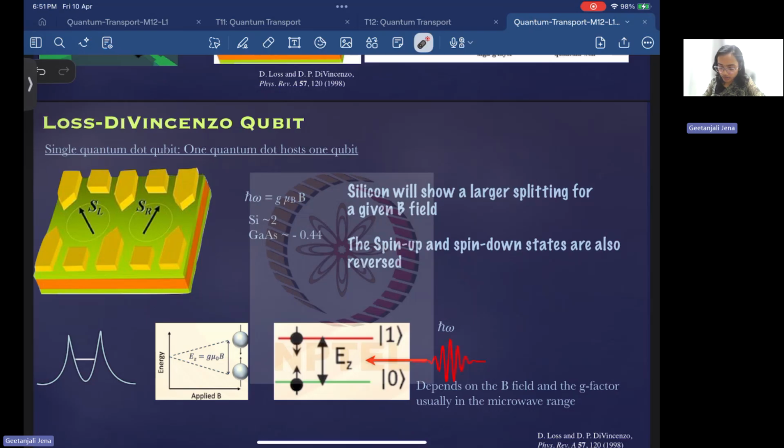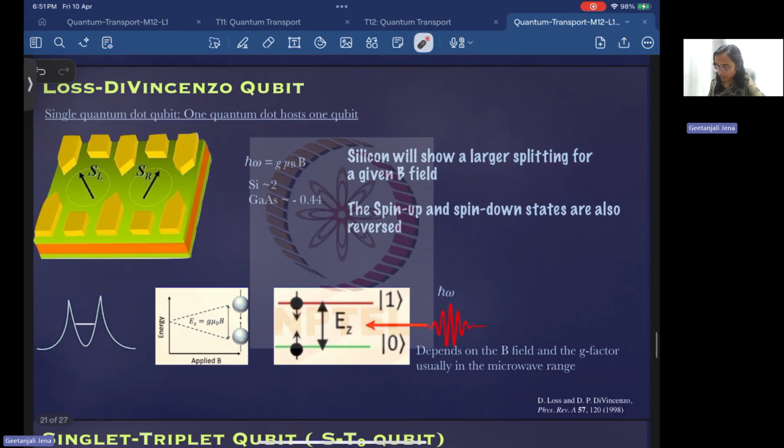And the separation between the spin up and spin down state is given by g mu B B, and for the qubit to play around these two types of state, we can use a radiation which matches the value of g mu B B.